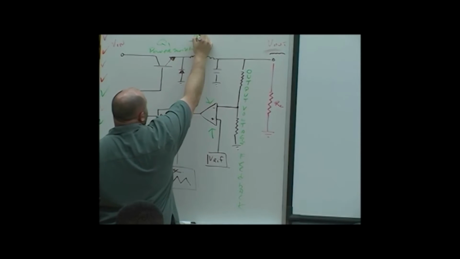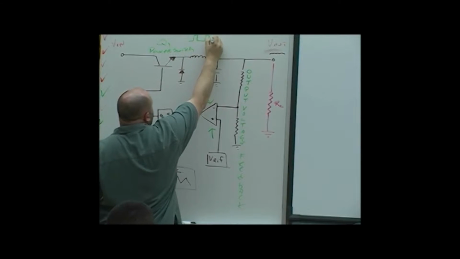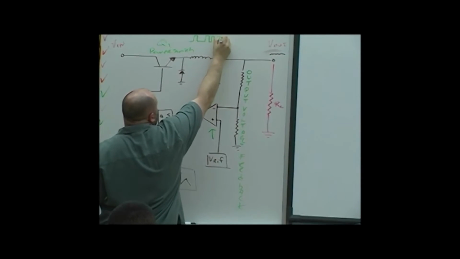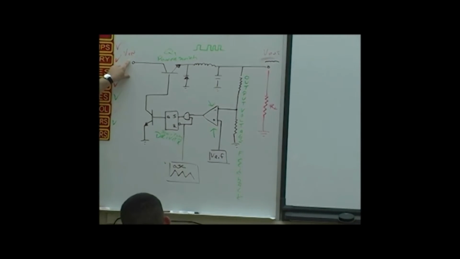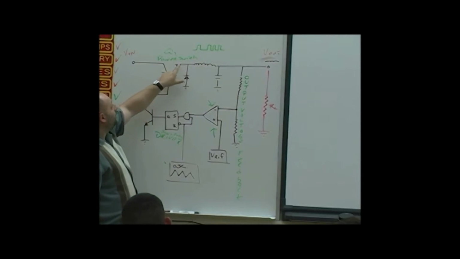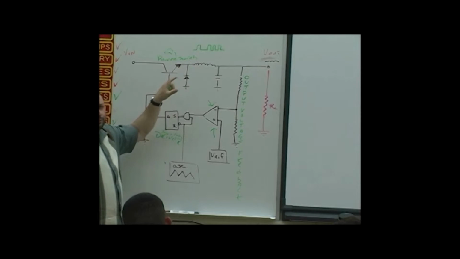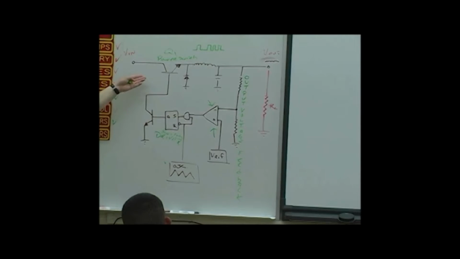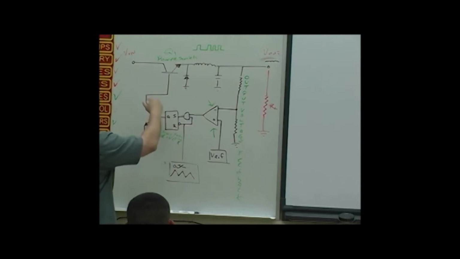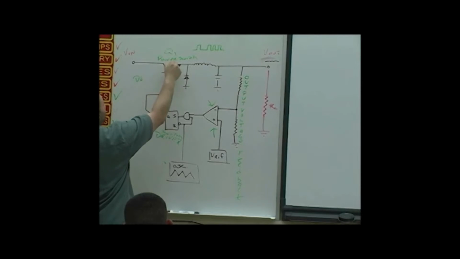The output of this thing is basically a rectangle wave in conjunction with the input that's already filtered. What do we call this thing as far as how the power switch is operating? Yeah, it's a duty cycle. Because the level of output and the duty cycle of this guy here are inverse to each other.